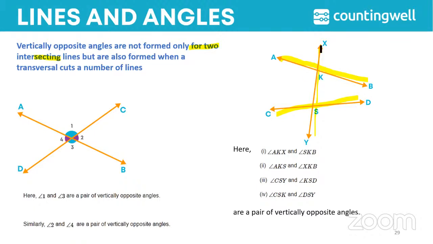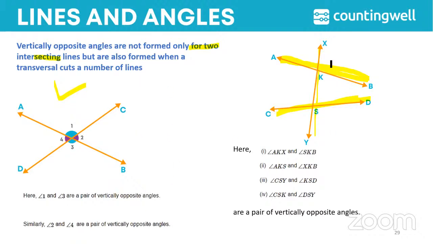One is line XY intersecting line AB. The other is line XY intersecting line CD. So in the first figure, we have 1 and 3 as a pair of vertically opposite angles and 2 and 4 as a pair of vertically opposite angles.